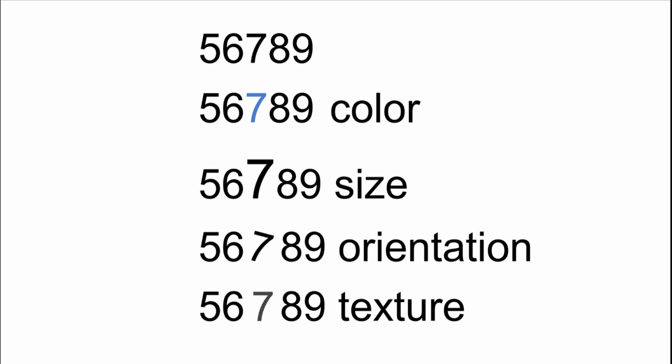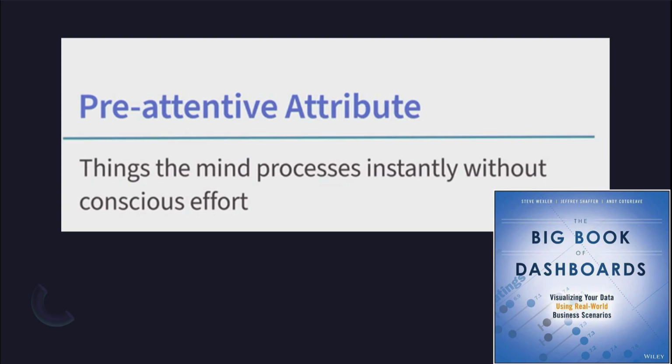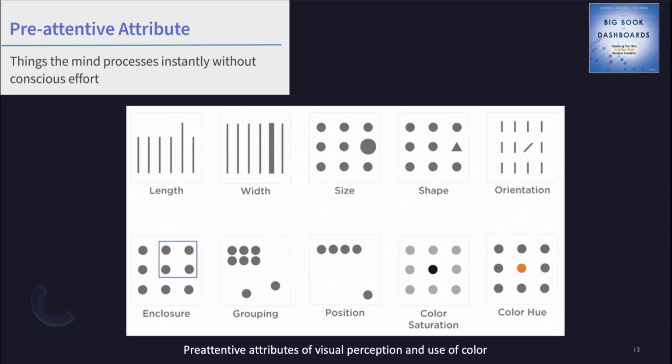So the pre-attentive attribute is well described in the Big Book of Dashboards. And I'm borrowing this screenshot from that book because it really emphasizes most of the things that you can use in your poster when you want to emphasize specific finding, conclusion in your research that you want to tell the judge about.